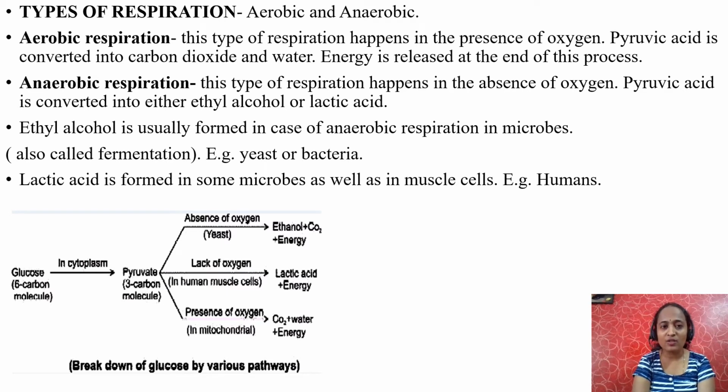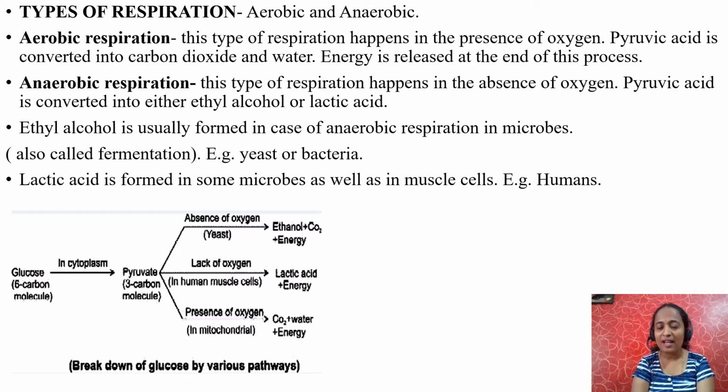Ethyl alcohol is usually formed in case of anaerobic respiration in microbes. So ethyl alcohol production takes place in microbes, for example yeast or bacteria. This process is also called fermentation. You might have heard the words beer, wine, whiskey. Yes, all these drinks are obtained through fermentation, through this process.